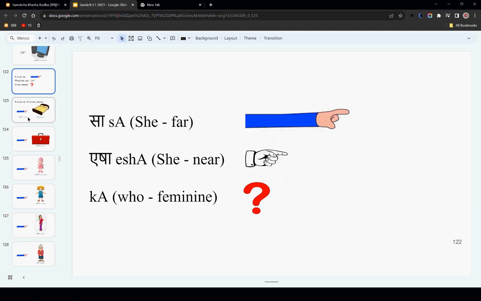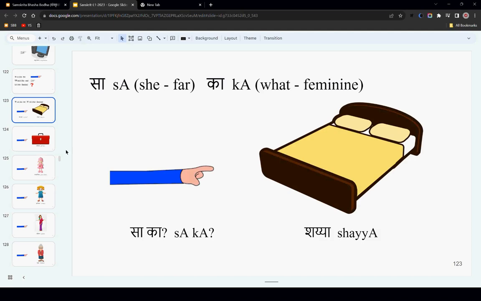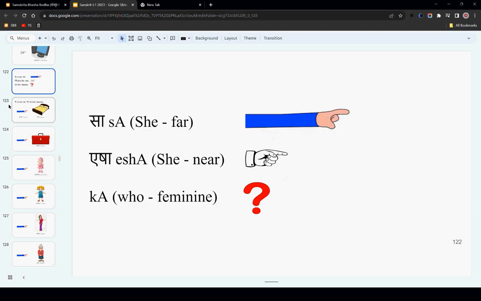Ka stands for the question mark if you want to ask. So, for example, here, Sa Ka, Sa Shayya. Sa Ka, we can ask the question. Note that here also the question word has changed. Okay. The previous word for the question was Ka.